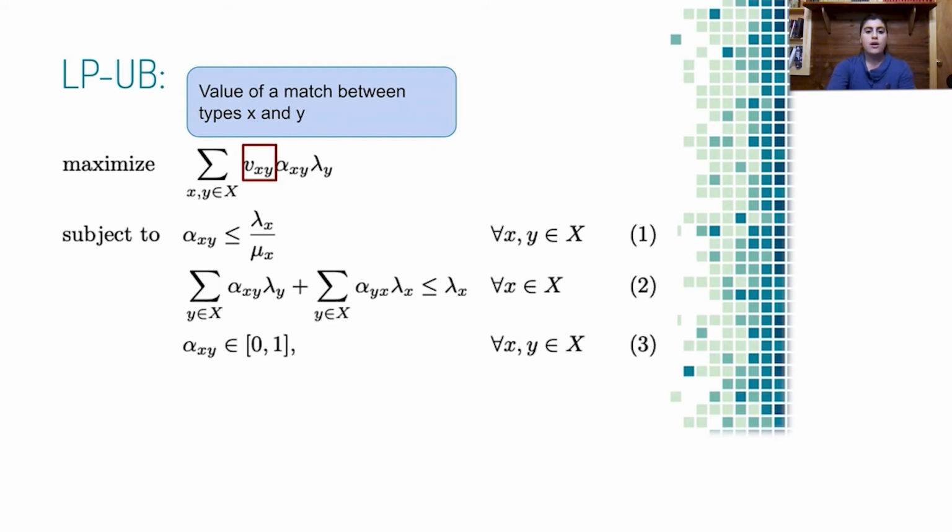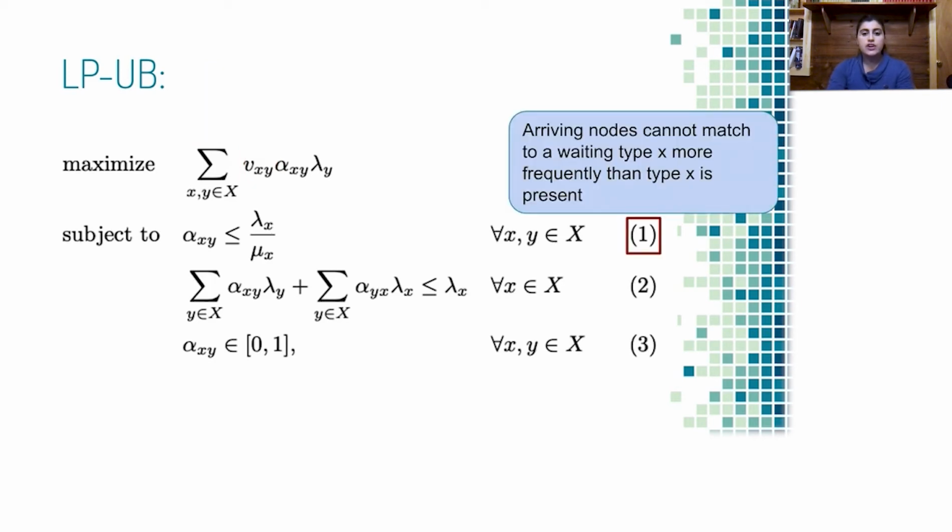Okay, so maybe you can get a sense of how this is intuitively related to what the value of the matching would be in our model. Now let's look at these constraints. So constraint 1 is bounding alpha XY. The intuition here is that the matching rate of some arriving Y to a present X can't be higher than the amount of the time that you would expect any node of that type X to be available at all.